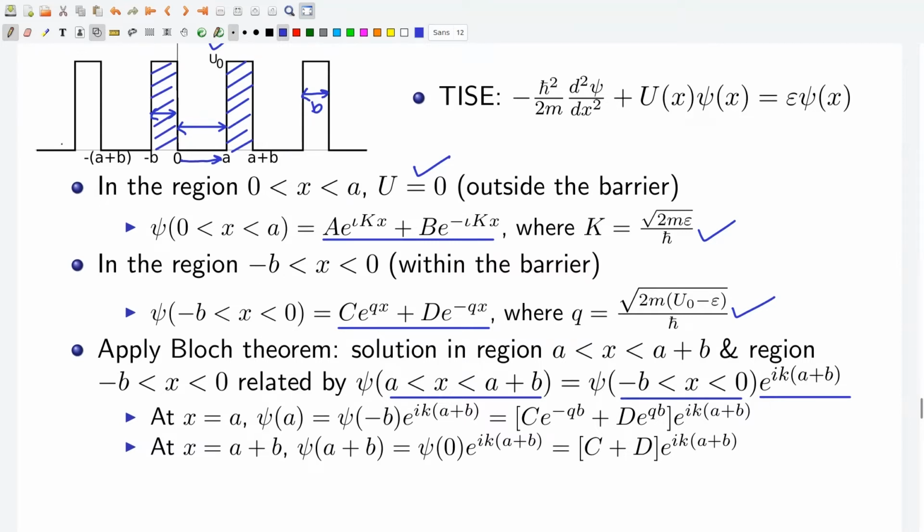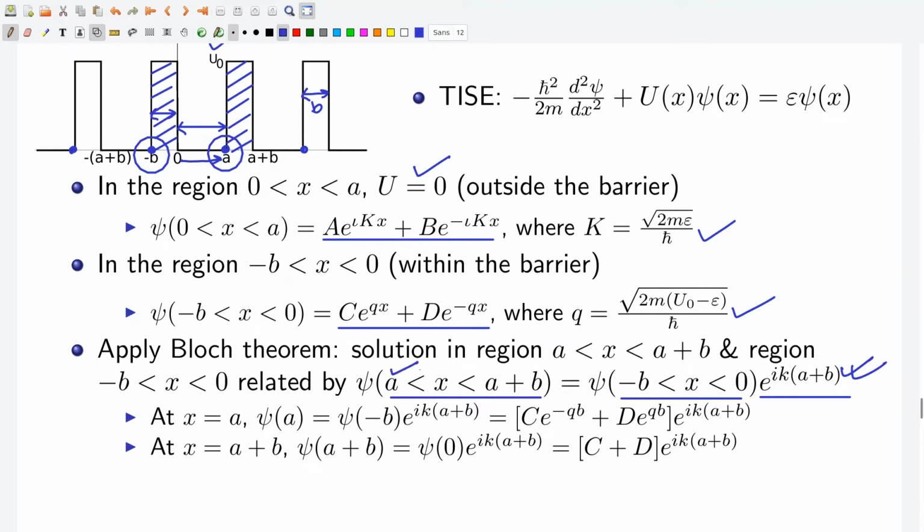Note that we can put the lattice points here, here, here, and here. Thus, the lattice point located at minus b can be mapped to the lattice point located at plus a via a lattice translation vector of a plus b. That is why the Bloch function satisfies this equation.